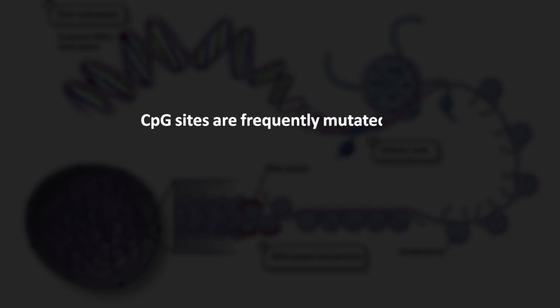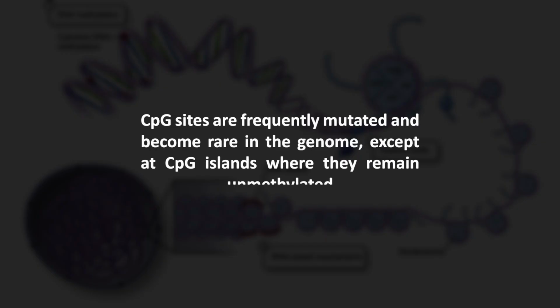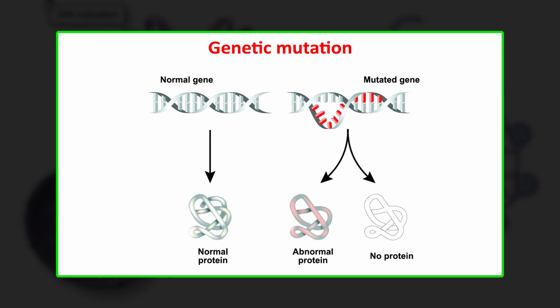Because 5-methyl cytosine can be spontaneously deaminated, replacing nitrogen by oxygen to give thymidine, CpG sites are frequently mutated and become rare in the genome except at CpG islands, where they remain unmethylated. Epigenetic changes of this type thus have the potential to direct increased frequencies of permanent genetic mutations.